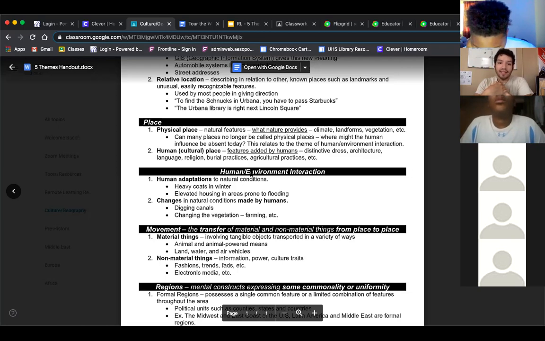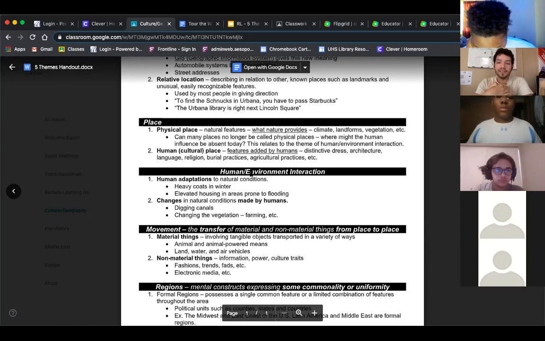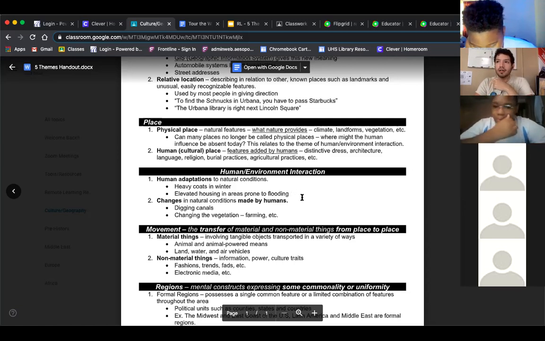Anything that is not human represents the physical place: the natural features, what nature provides, such as climate, landforms like mountains, rivers, hills, plateaus, vegetation, what kind of plants are around. So that's what I'm talking about with physical place. Human place, again, the opposite.